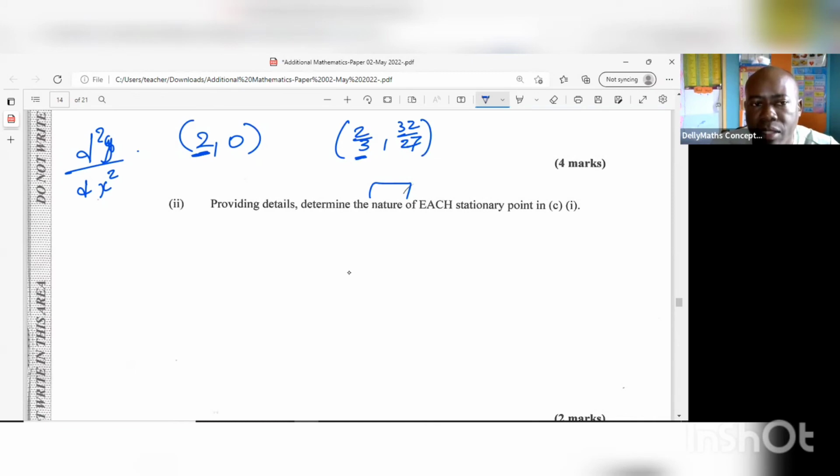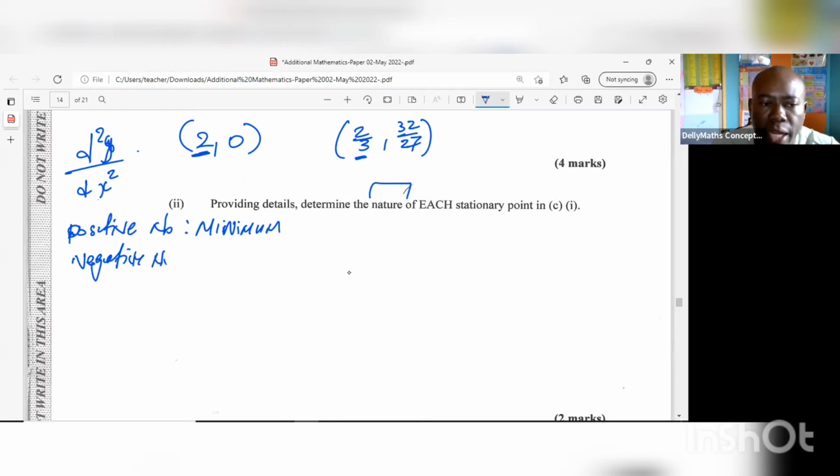So if I plug those in, if I get a positive number, then I am at a minimum. A positive number means that we're at a minimum. And if we get a negative number, that would mean that we're at a maximum. So we want to take the double derivative.